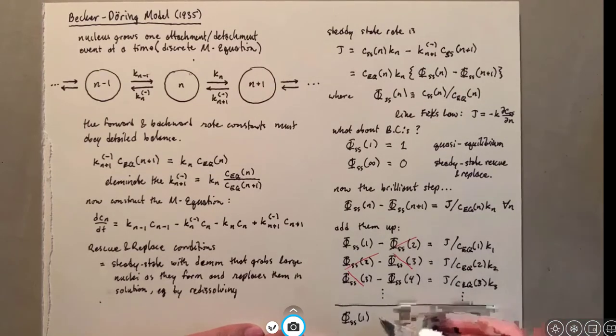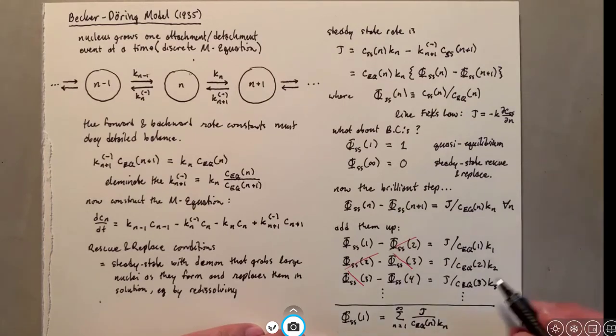So the only term that's left on the left-hand side is phi SS of 1, and we have summed all of these things from n equals 1 to infinity on the right, and each term has the form of j. There's only one nucleation rate, regardless of where we cut the series, and each one has a denominator term of CEQ of n multiplied by the rate of attachment at an n-mer, and so that is my expression.